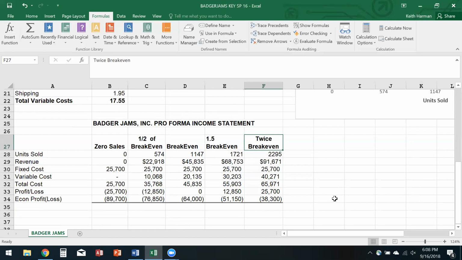So we try to develop what we call a pro forma that helps us look at different scenarios, or what things will look like if certain things occur. A key piece of all of this is going to be, how many units do I sell?